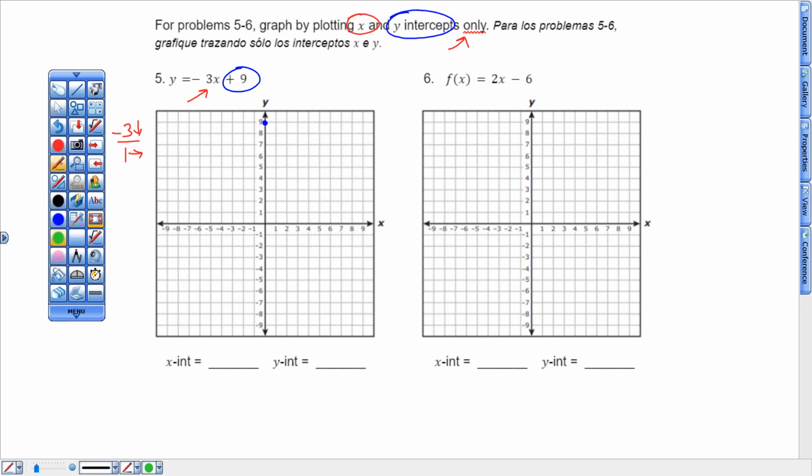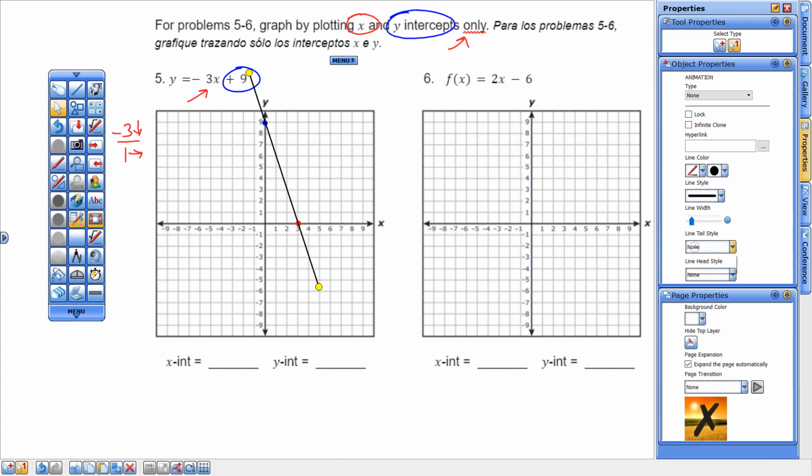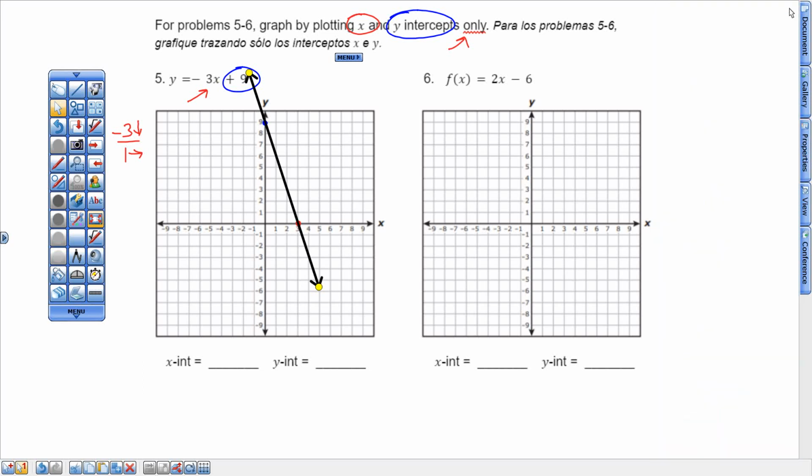Right 1 down 3, right 1 down 3, right 1 down 3, my final dot is right here on 3, 0. So take my line and draw a line through those. Make sure your line is nice and long and not short. Make sure you have double arrows on each side of that line, and I'll make it a little bit thicker so you can see. All right, so there we go.